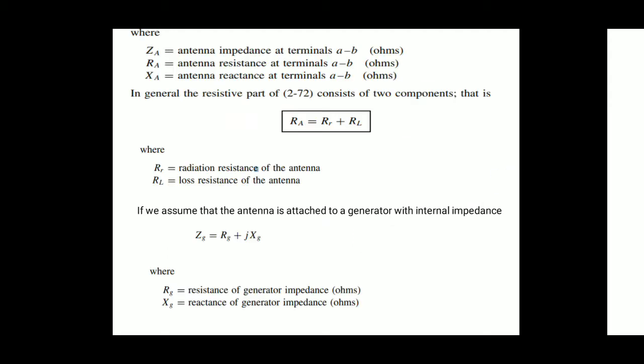So in general we can write the total resistance of the antenna terminal AB. RA is equal to Rr plus RL, meaning the addition of the loss resistance and radiation resistance.